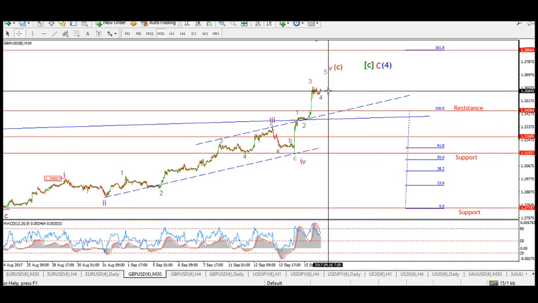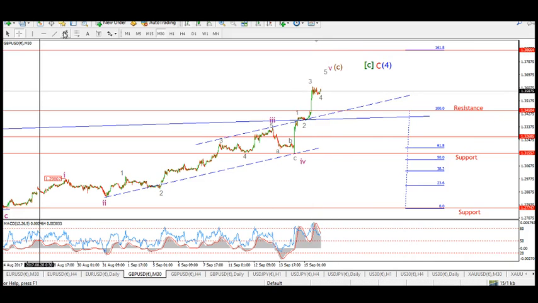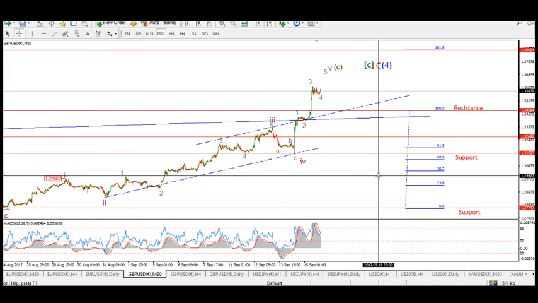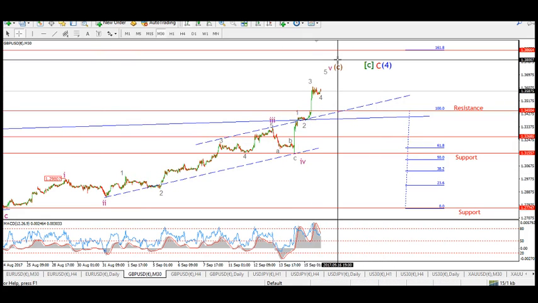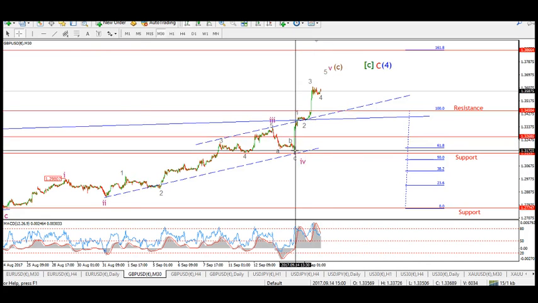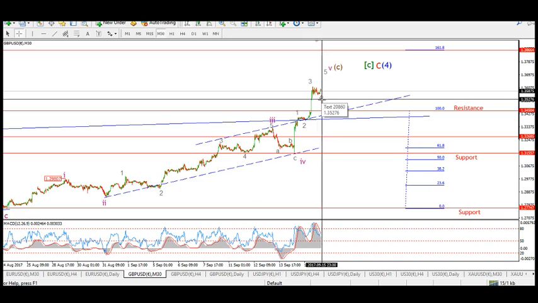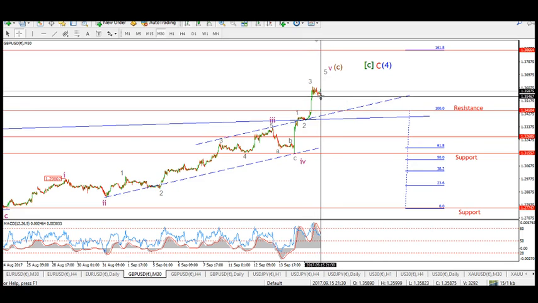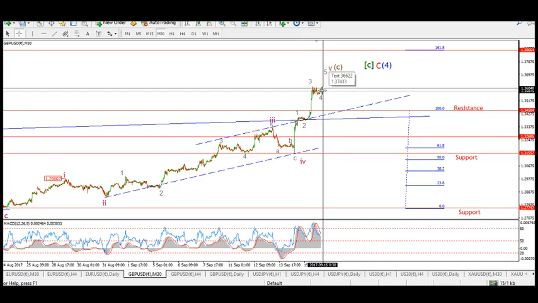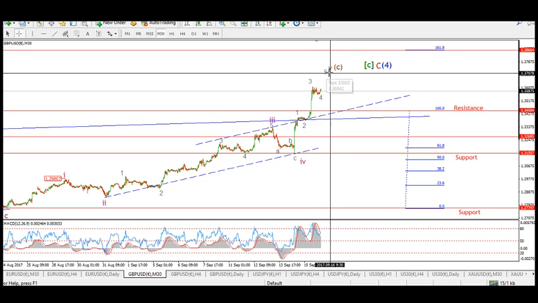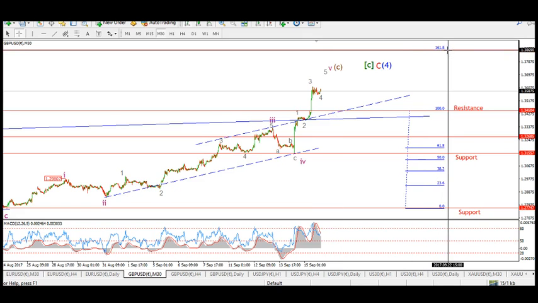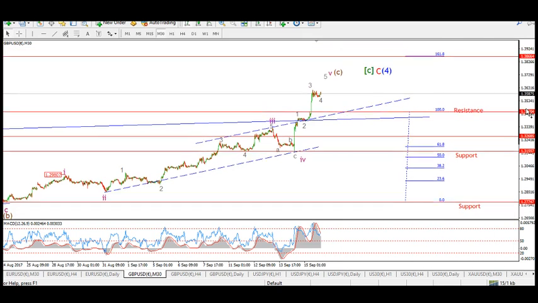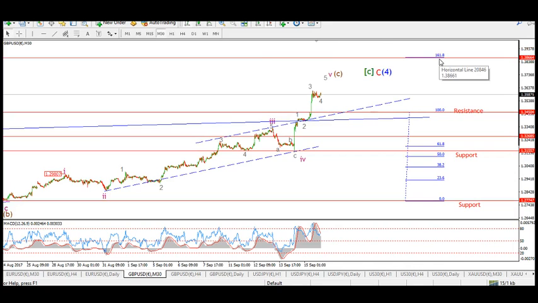As the market closed out on Friday, it looks to me like we only have 1, 2, 3, 4. We're obviously in wave 5 here, pink, but I think we only have 1, 2, 3, 4 complete at the moment, and it's probably due another pop into wave 5. We have a 161.8 Fibonacci target here.